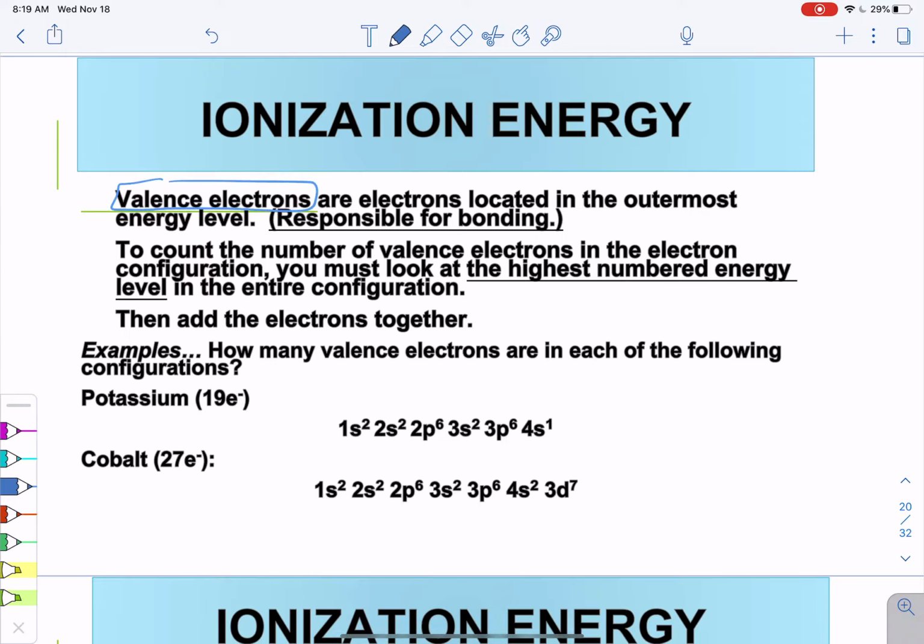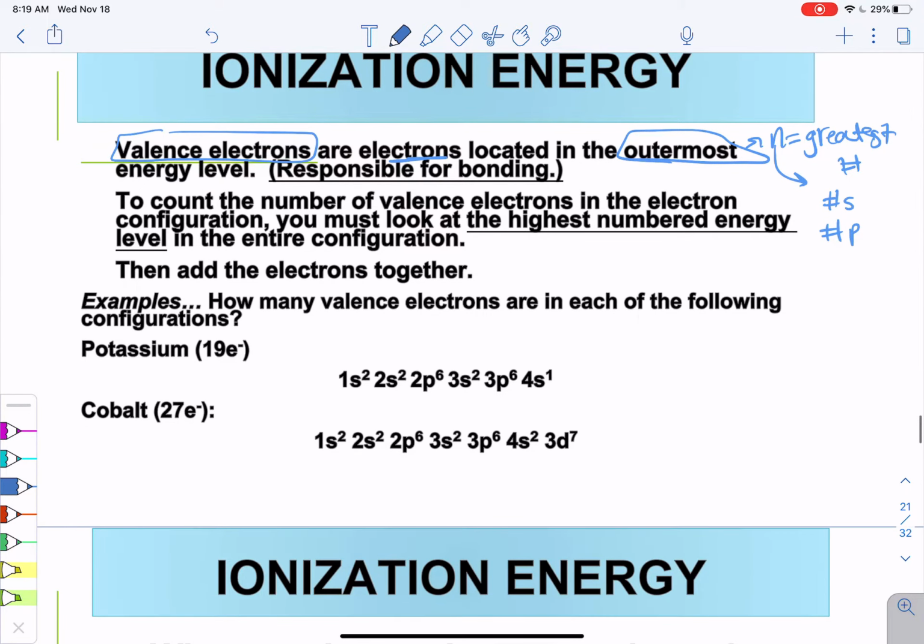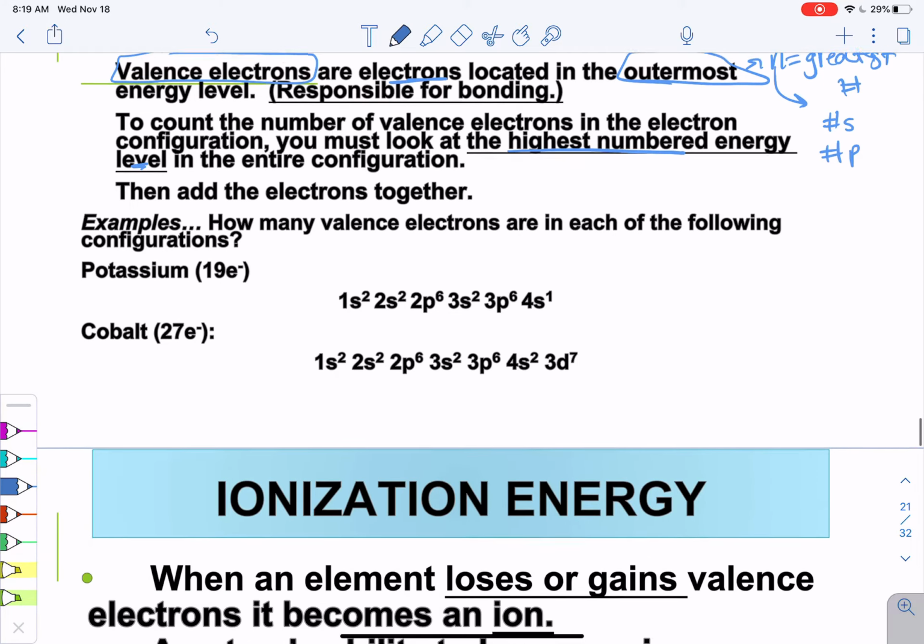They are the electrons located in the outermost energy level. That means that the n equals the greatest number. Remember, n is the number that comes in front of the s or the p or whatever. To count the number of valence electrons in the electron configuration, you must look at the highest numbered energy level and then add all the electrons there together.